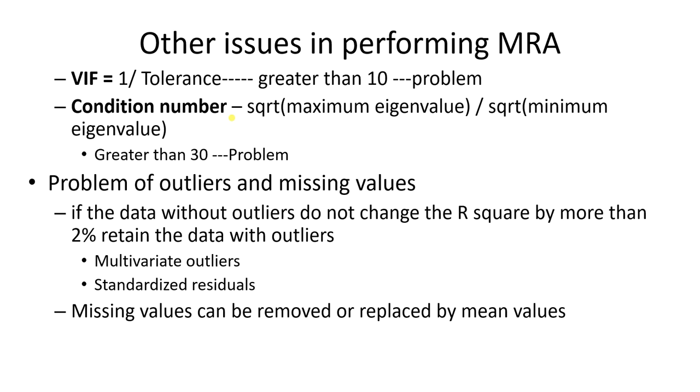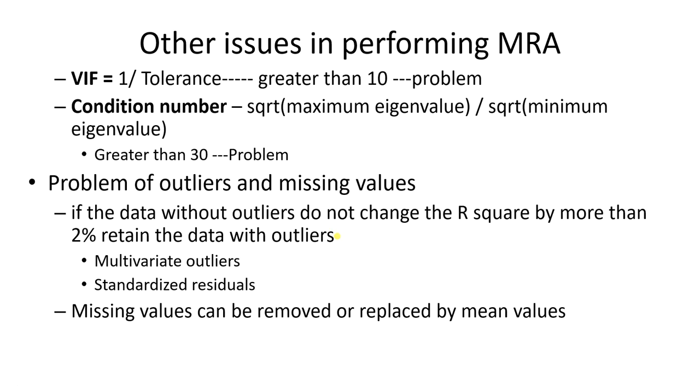Another problem, sorry, is the problem of outliers and missing values. So outliers should be removed, and generally multivariate outliers are required here, not the univariate outliers like in univariate statistics. But if the outliers do not change the R square value by more than 2%, then generally we can retain the outliers.